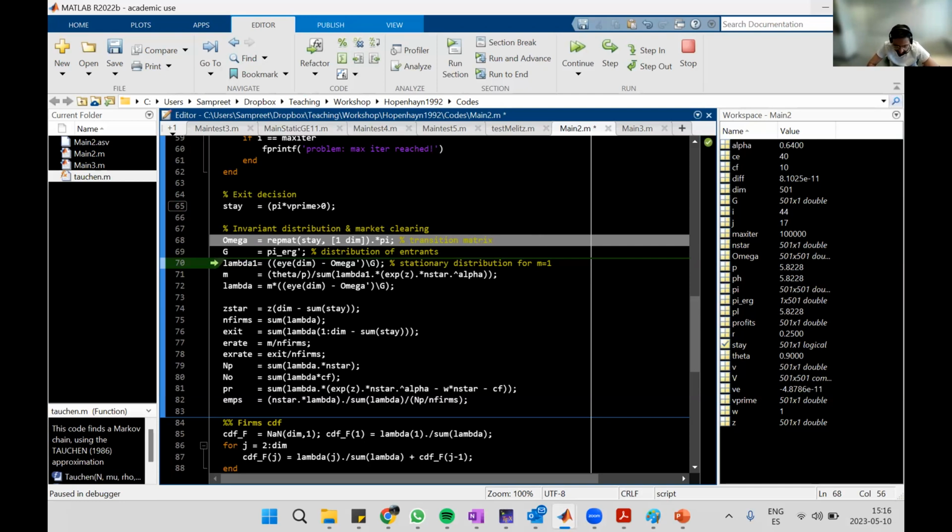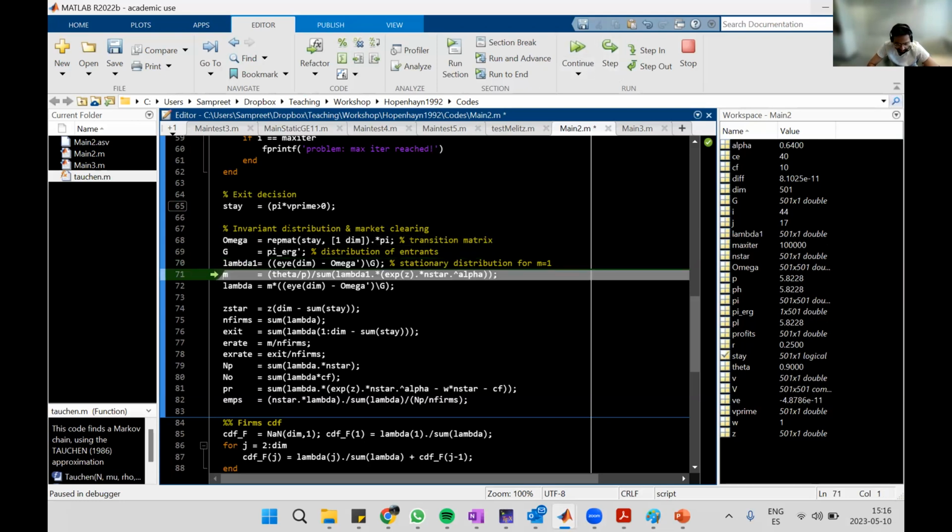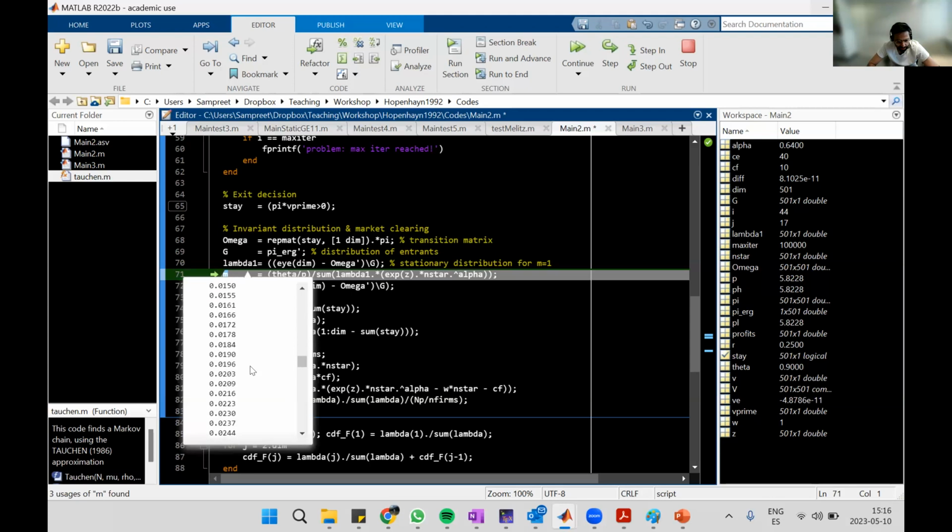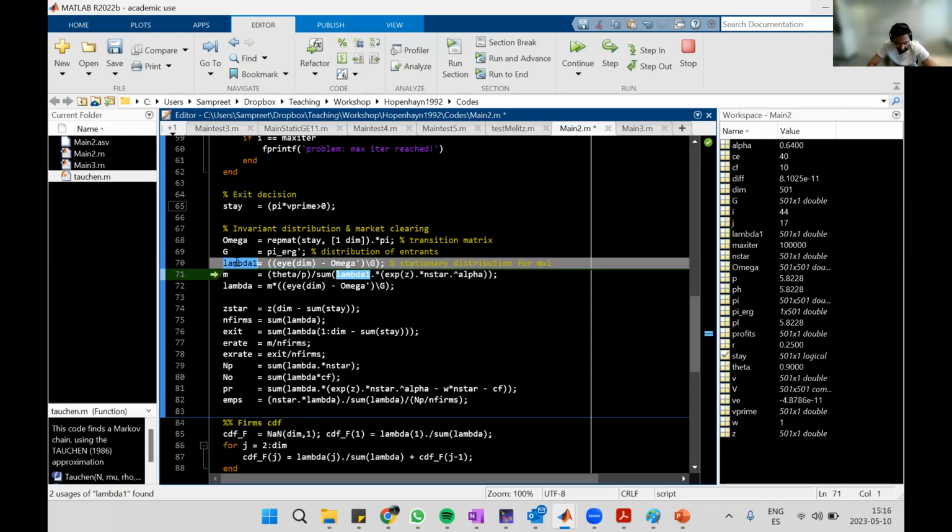Okay, very good. So this is my stationary distribution of firms. Let's see how it looks.